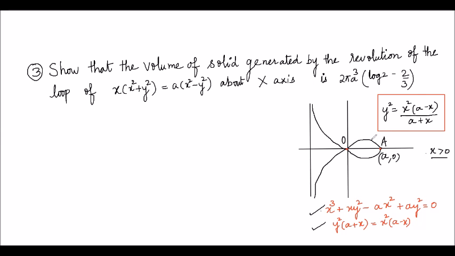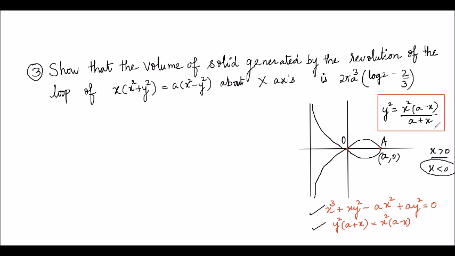Now let us see for what negative values of x this curve exists. If x is negative, then a − x in the numerator will always be positive. So the existence of the curve depends on the denominator, a + x.